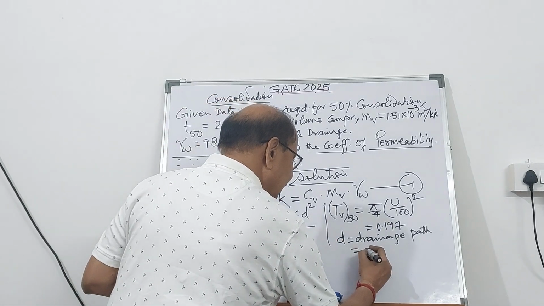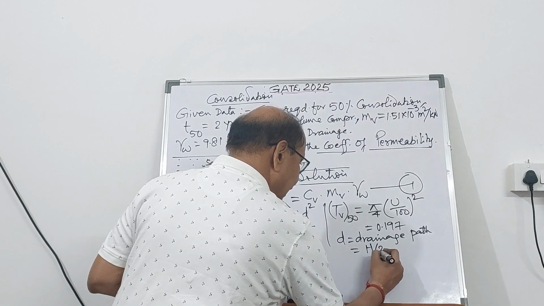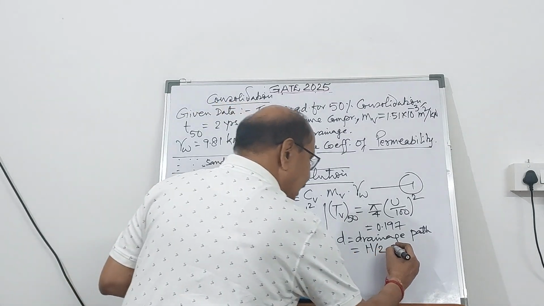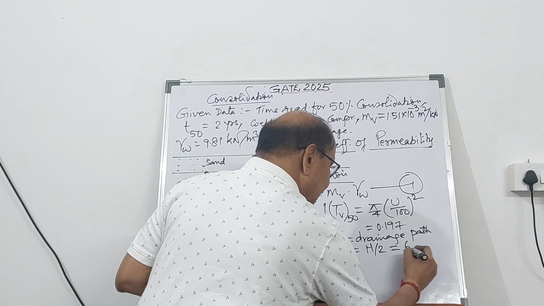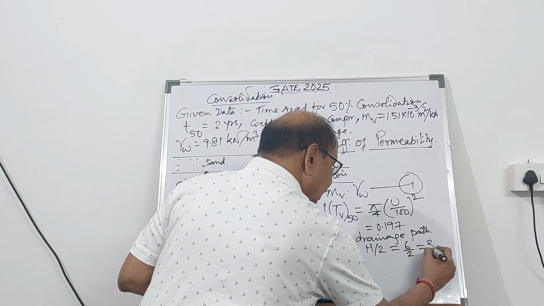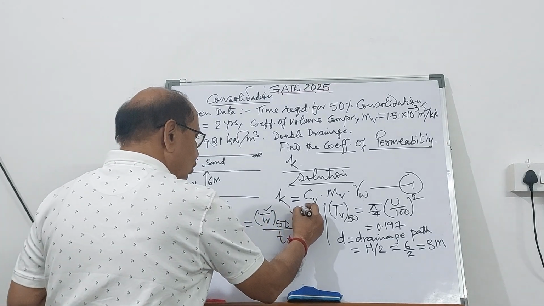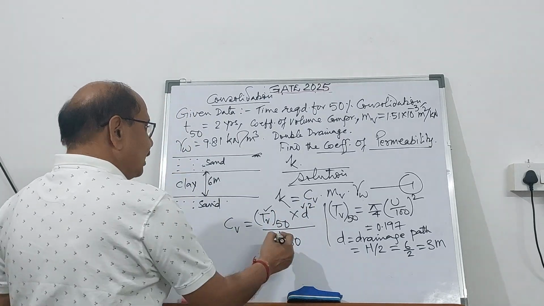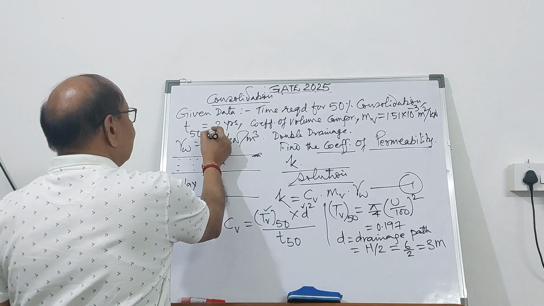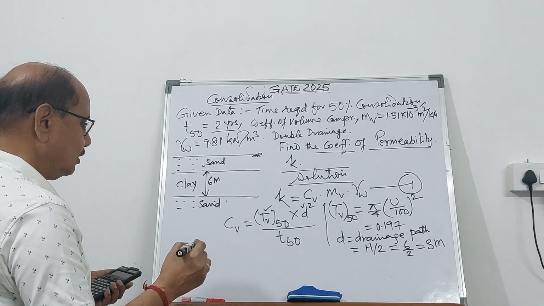So it will be the height of clay layer divided by 2 for double drainage. The height of the clay layer is 6 meter, so by 2 it becomes 3 meter. So you know the drainage path now. And T50 is already given in this problem as 2 years.